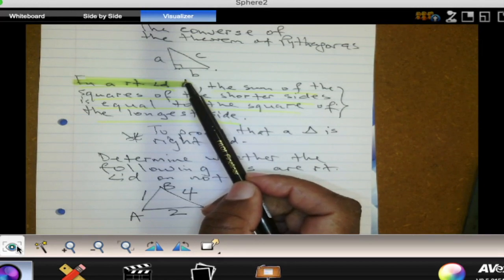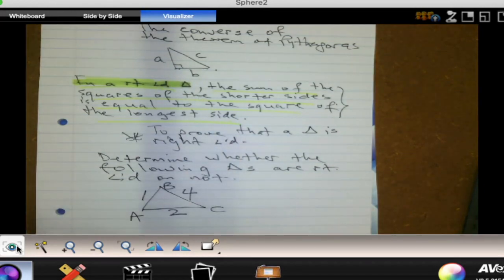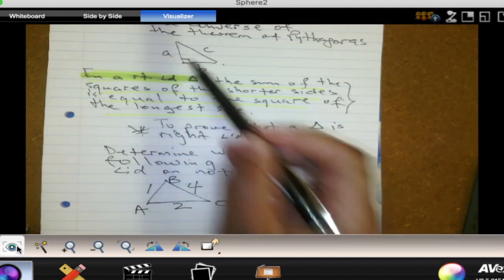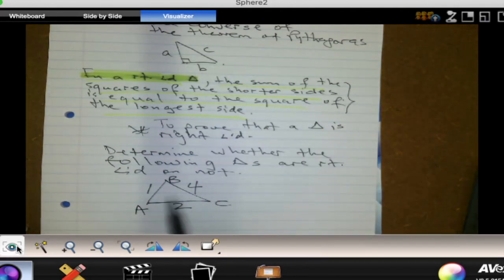The shorter sides form the 90 degrees, right? So in this example here, if this is a right-angled triangle, then where would the 90 degrees be? At which point? If this were to be right-angled, then the right angle would actually be at A, right? So what you do then is take the shorter sides.